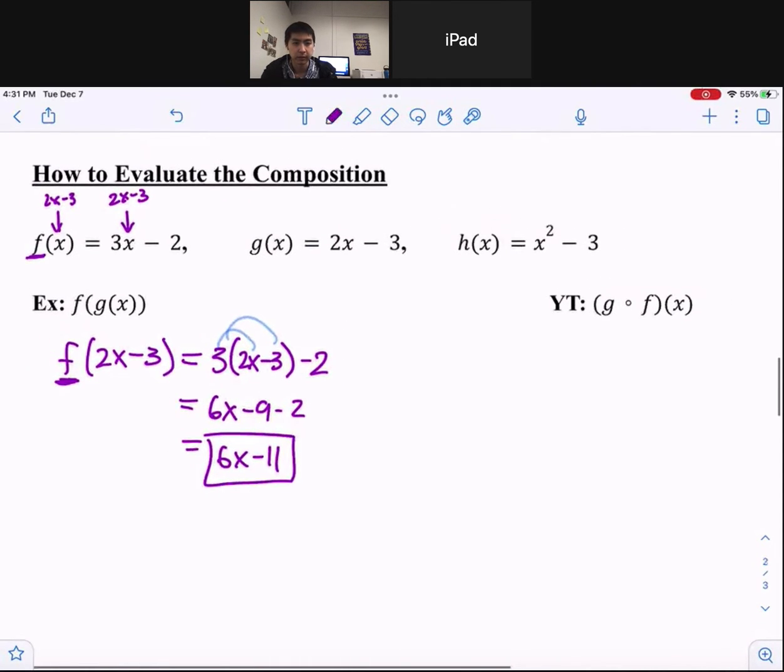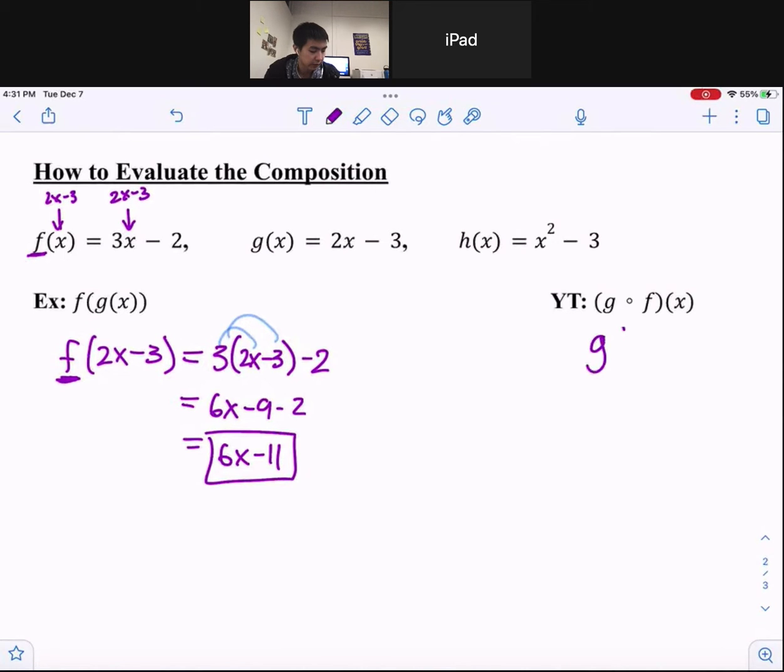Now let's look at this one. Rewrite this as g of f of x. f of x, you guys, is 3x minus 2. So g of 3x minus 2. That's f of x, so that means in the g function, your x value is 3x minus 2. Everywhere you see an x, it is now 3x minus 2.